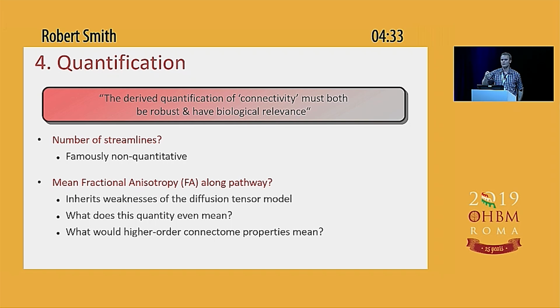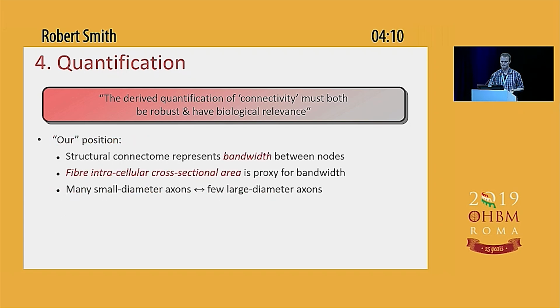The trouble here is that you're inheriting all of the weaknesses of the diffusion tensor model into the quantity that you're using in your connectome. So it's not fantastic. And then if you take those quantities and you get a connectome matrix and then you do some complex analysis of your connectome matrix properties, what does that mean? The whole thing kind of becomes almost too abstract to be of any use.